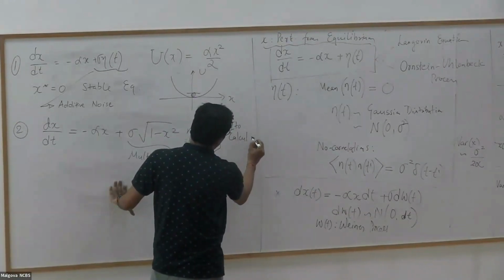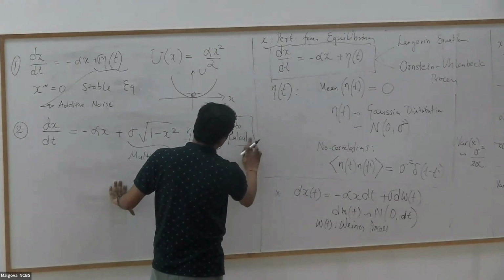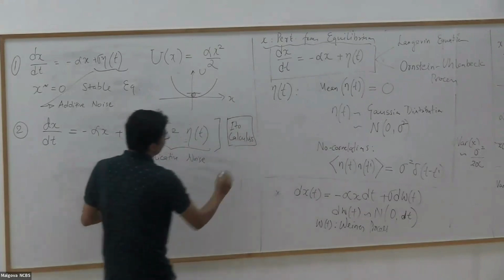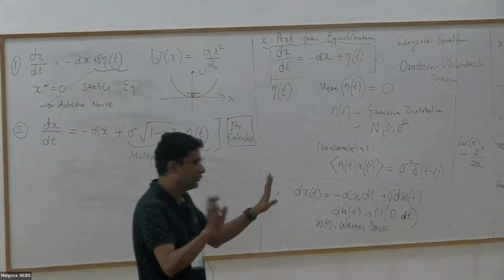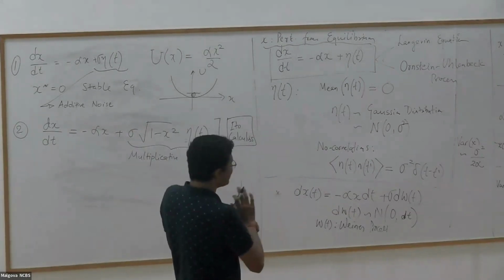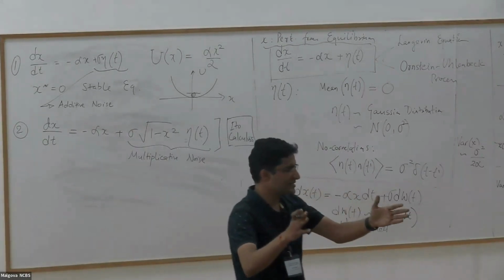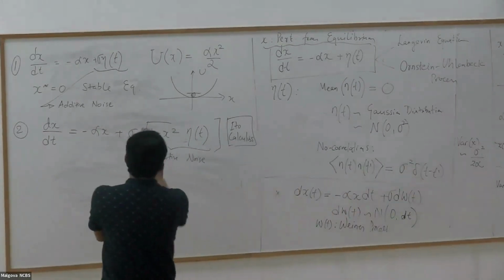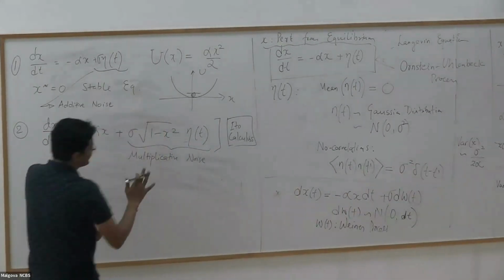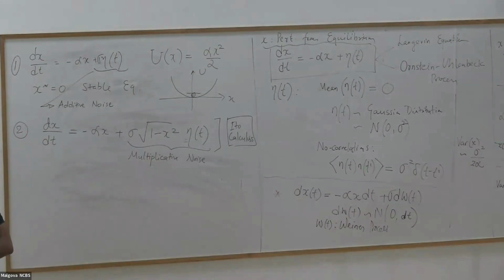Unfortunately, I am going to do this without really telling you what Ito calculus is. For the time being, accept that there is something called Ito calculus, which I'm going to use. Don't worry what it is. I will not tell you right now, because we're getting close to lunchtime, and I just want to make an interesting point. So how do you think this is different from this, from a purely intuitive point of view?